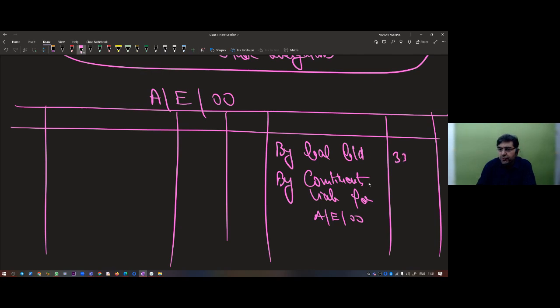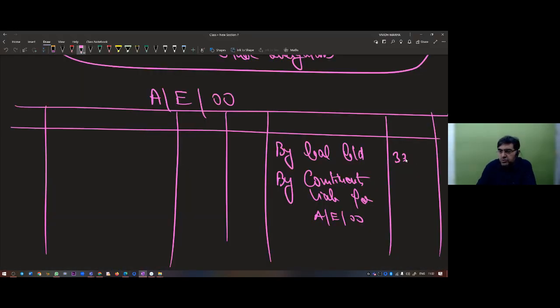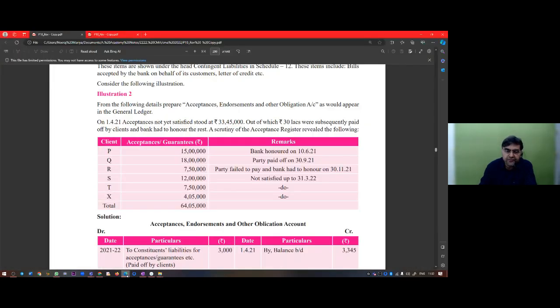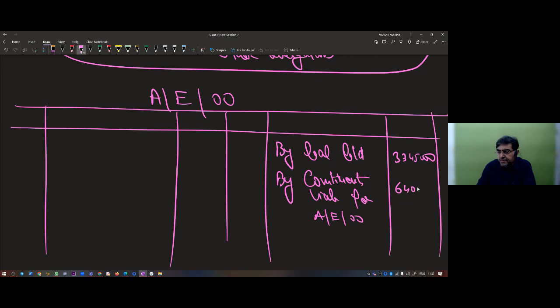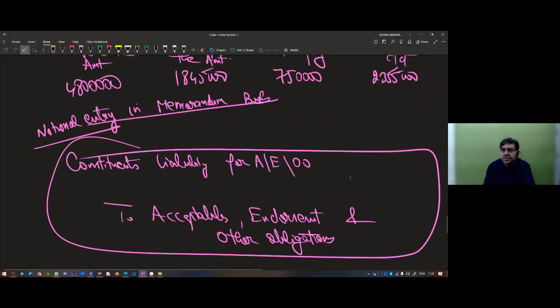Starting liability was 33 lakhs 45,000. During the year, further contingent liabilities were this much. Now the balance contingent liabilities are 23.55.